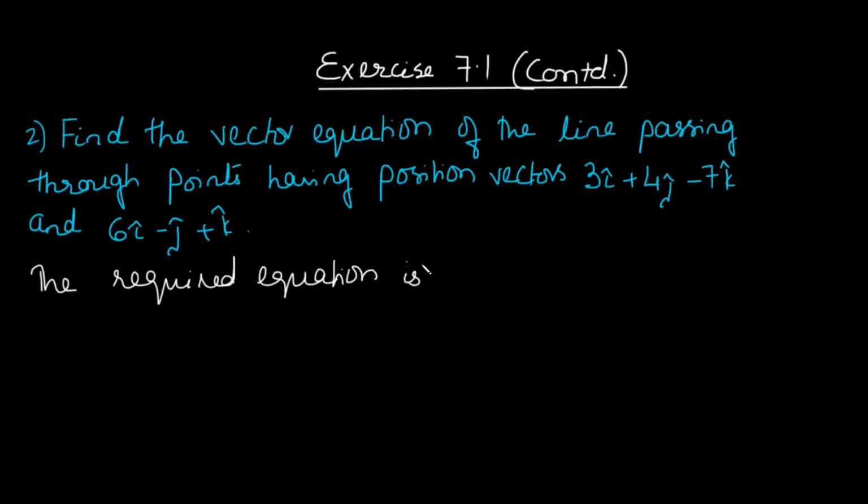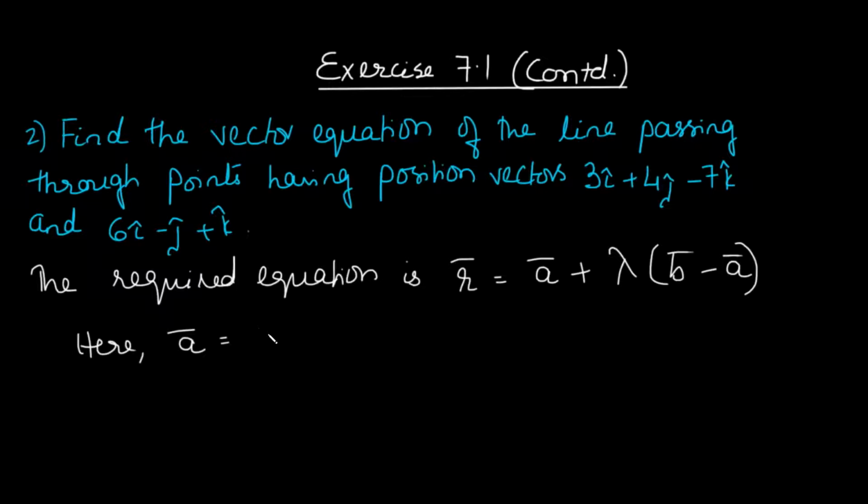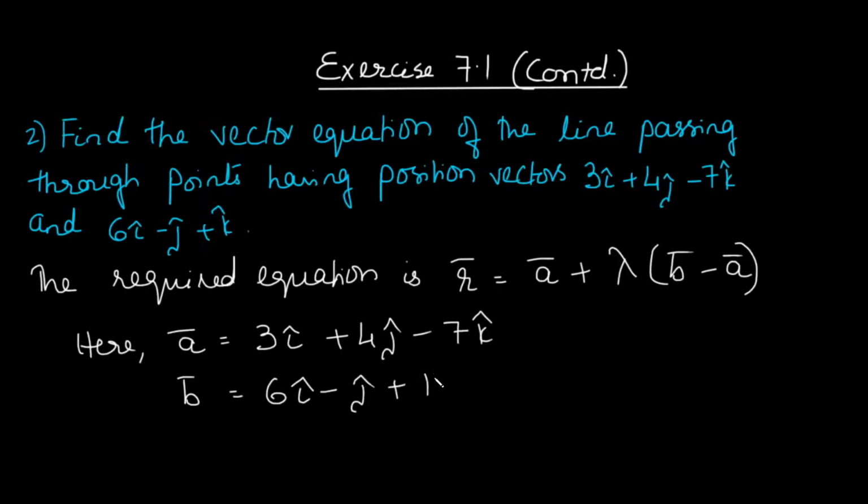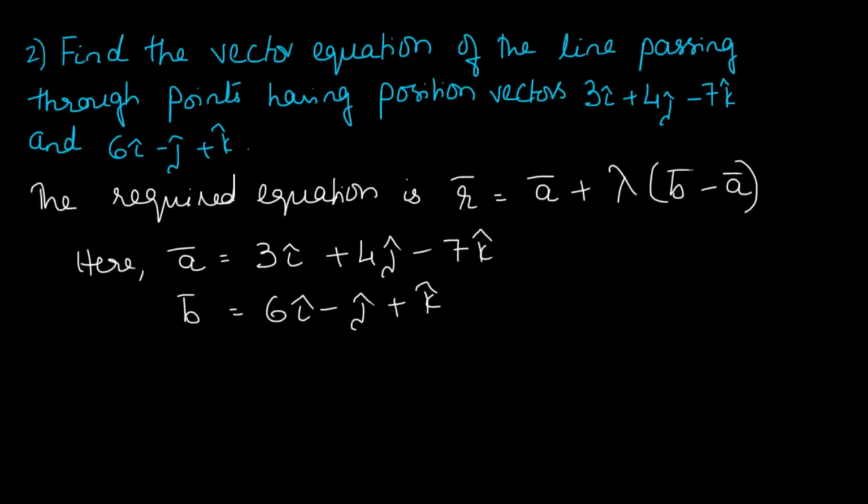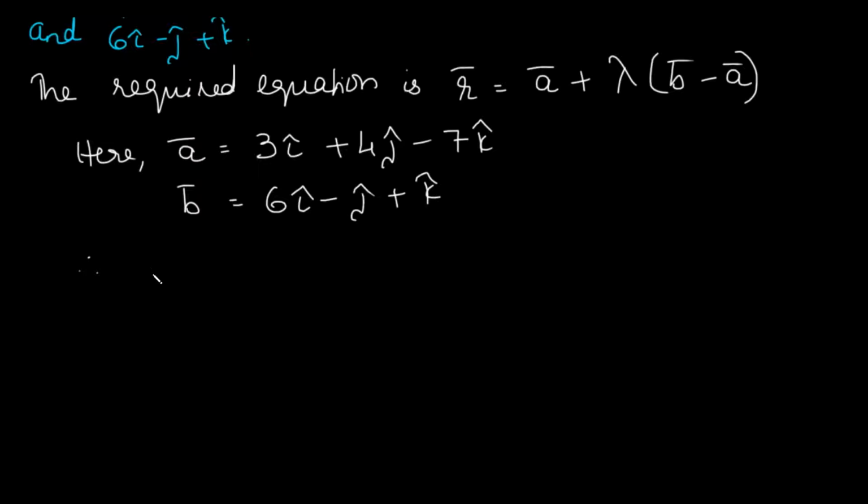So the required equation is r is equal to a plus lambda into (b minus a). Remember, 2 points on the line are given. Here a is given as 3i plus 4j minus 7k, the first vector, and b is given as the second vector. So using these two points which are on the line, we get the required equation.